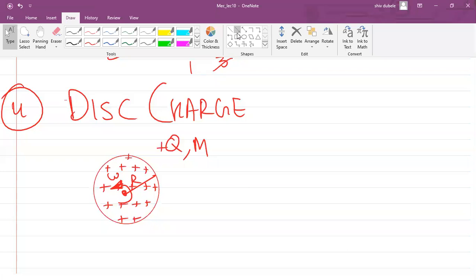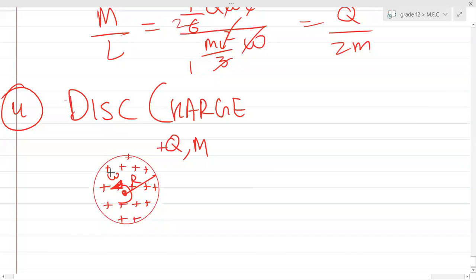So let's draw a ring. Is everybody able to see that small element? Yes, sir.